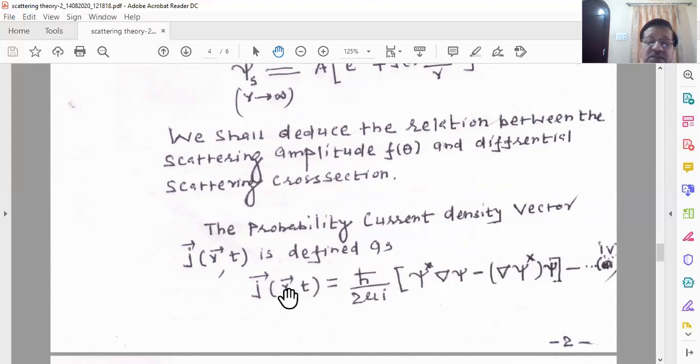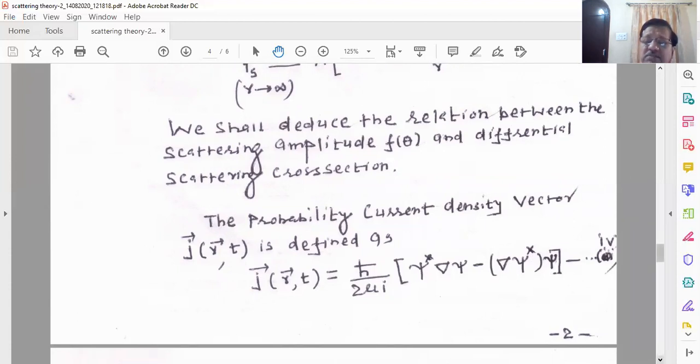This is the expression you derived in second year BSc to study the conservation of probability current density. You can refer to the textbook of quantum mechanics by Mathews and Venkatesan, or your Arul Das textbook, in the chapter on expectation value, average value of a dynamical variable, and the Ehrenfest theorem, where this equation is derived.